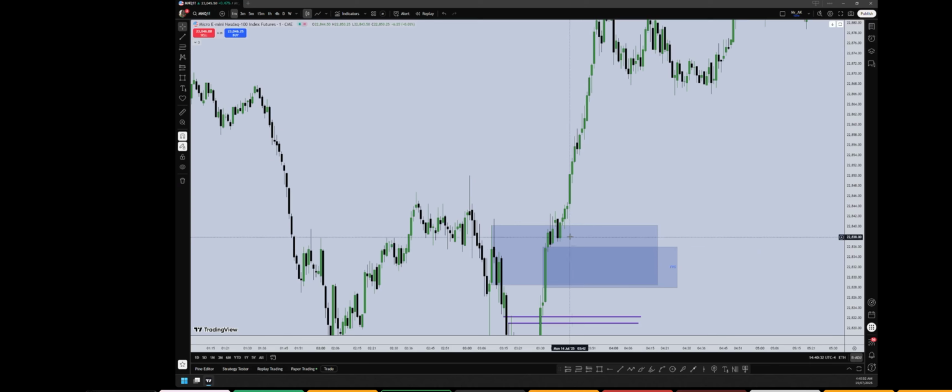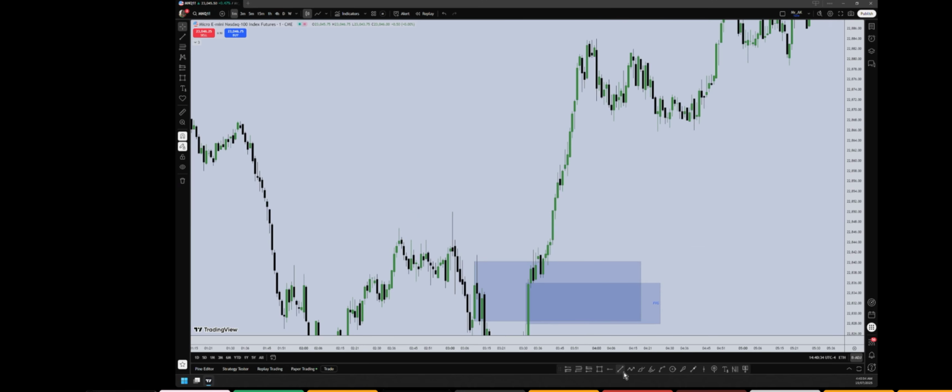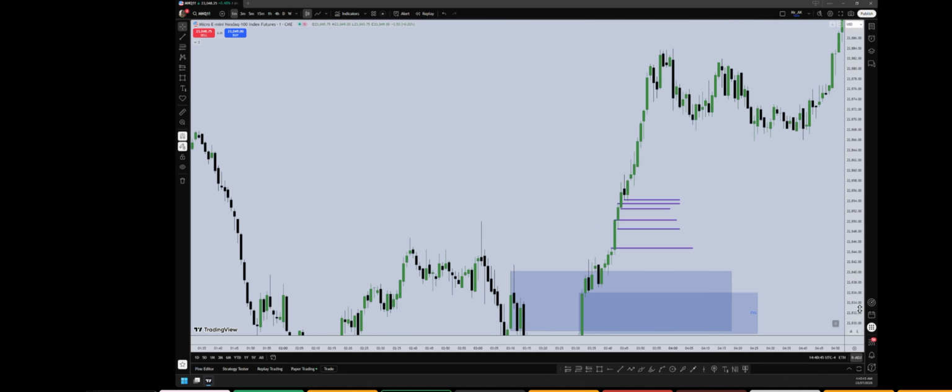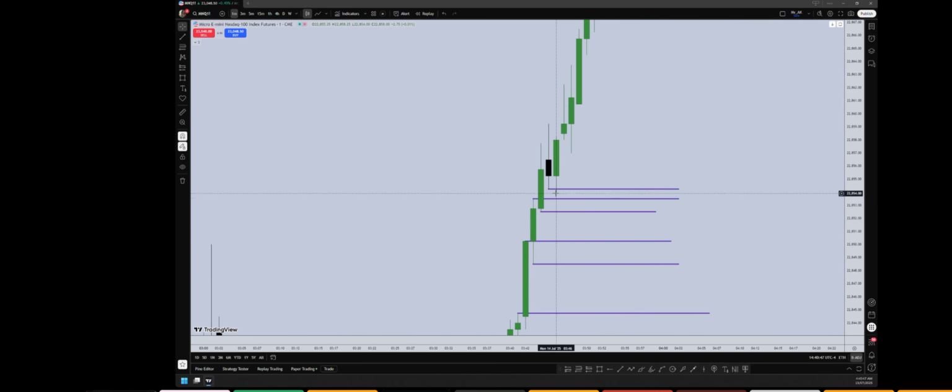But here is the thing, it kept going higher, created a new leg, new 3 fair value gaps. 1, 2, 3. And observe, okay? Did it come inside or just tap the top and continue? Every time it will come inside.